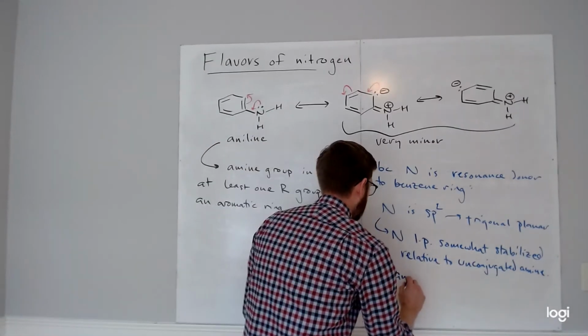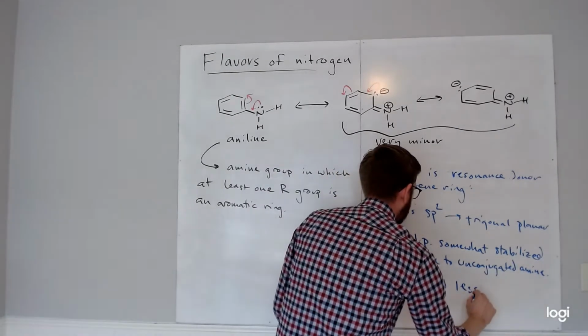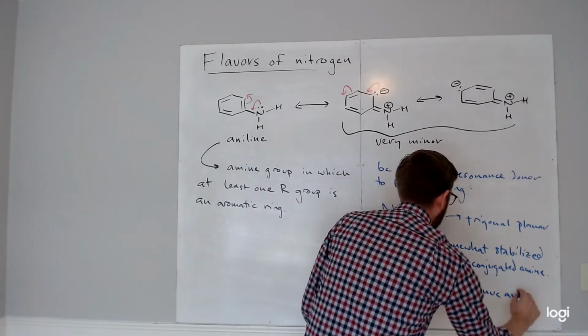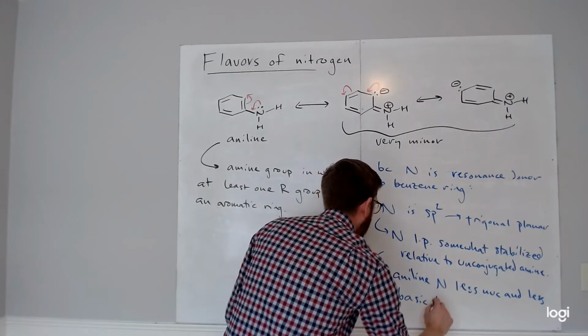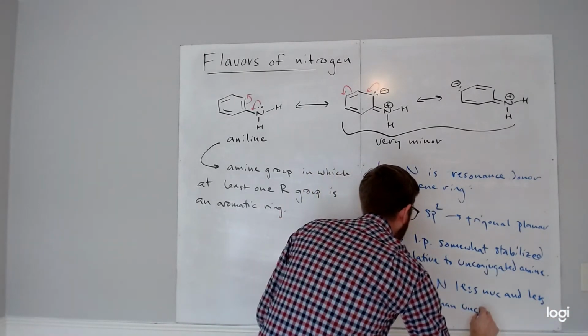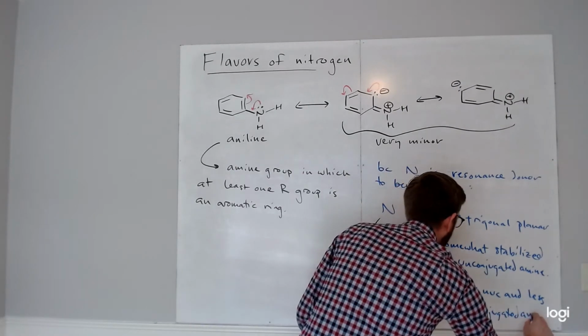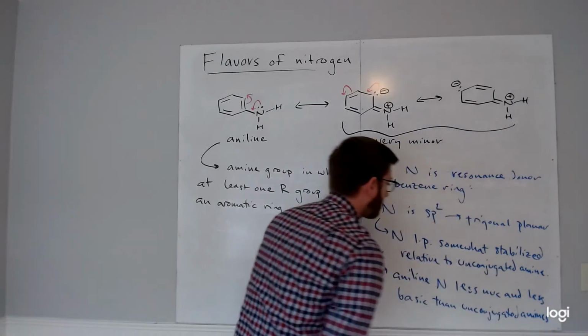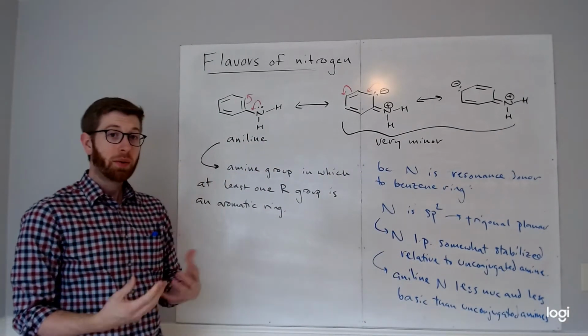So aniline: less nucleophilic and less basic than unconjugated amines. Okay, you'll notice that I'm not making a comparison to amides yet, although we will do that in a couple of seconds here.